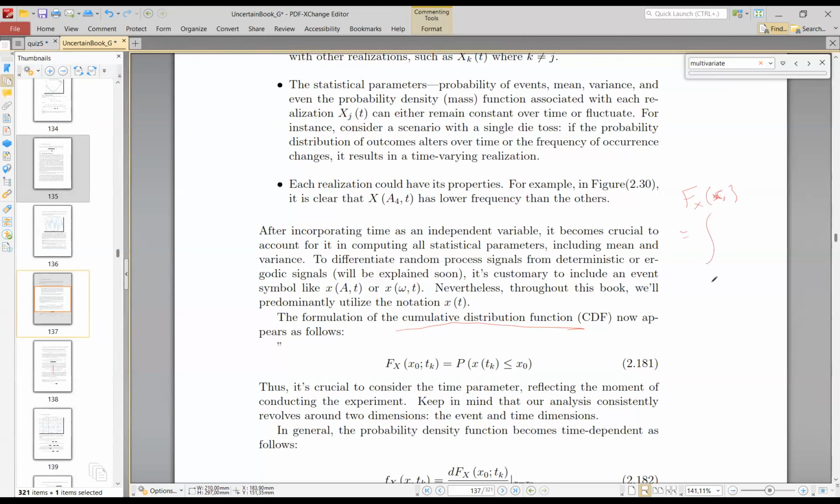And this equals the integration from minus infinity to x0 of f_X(x) dx, because this is equal to the probability that X is less than or equal to x0. This is what we used to have in the first part of this course, okay?